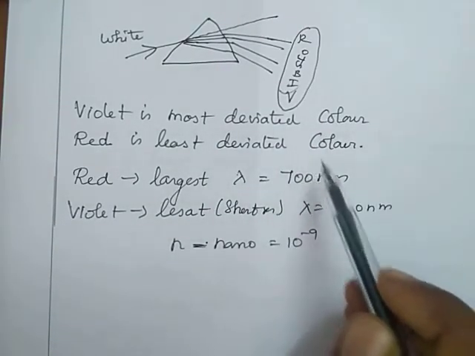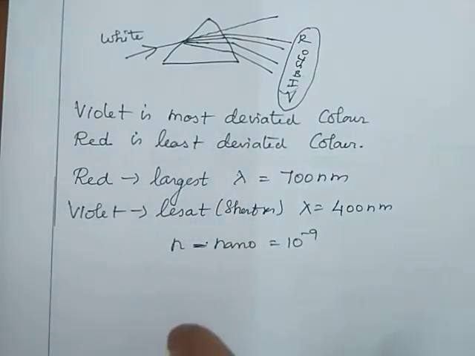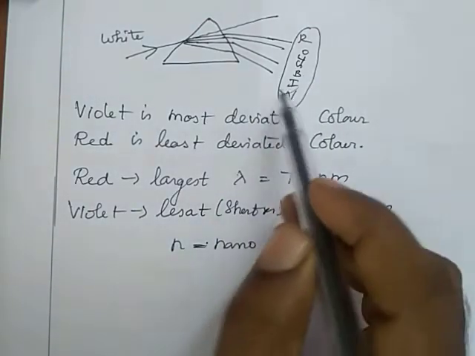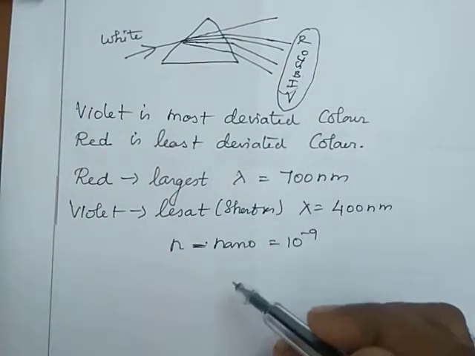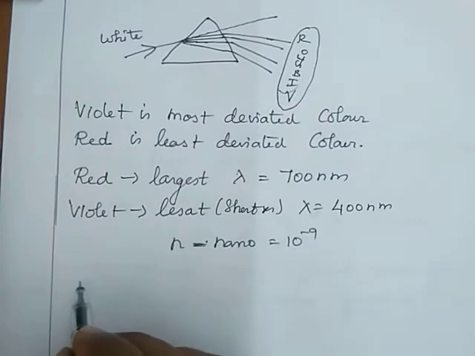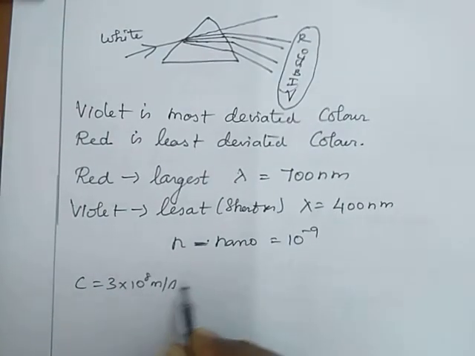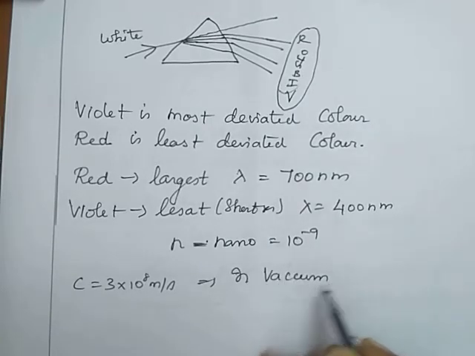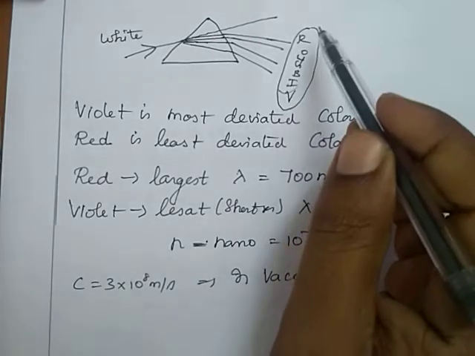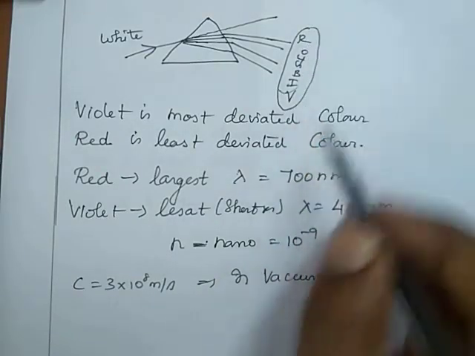All the colors have different wavelengths, but they travel with the same speed in vacuum, at the speed c is equal to 3 into 10 power 8 meter per second. In vacuum, all the colors, violet, indigo, blue, green, yellow, orange, red, travel with the same speed.